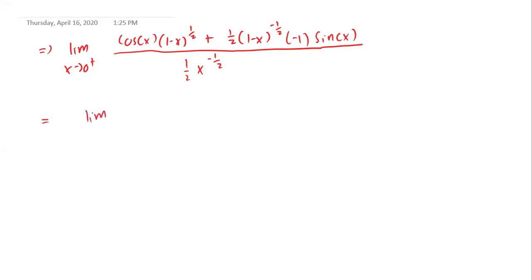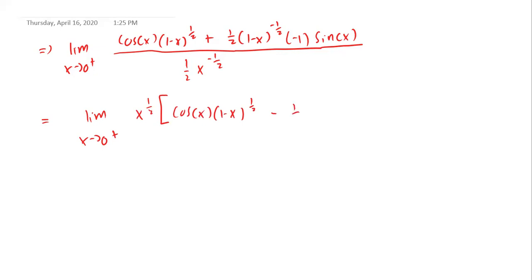Okay, so I'm going to get the limit as x approaches 0 from the right. I move the square root of x, x to the 1 half, to the top. So that's multiplying everything here. See here, I'm going to simplify a little bit. I have a minus 1.